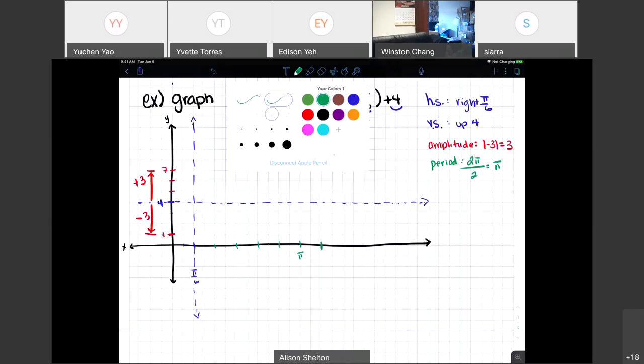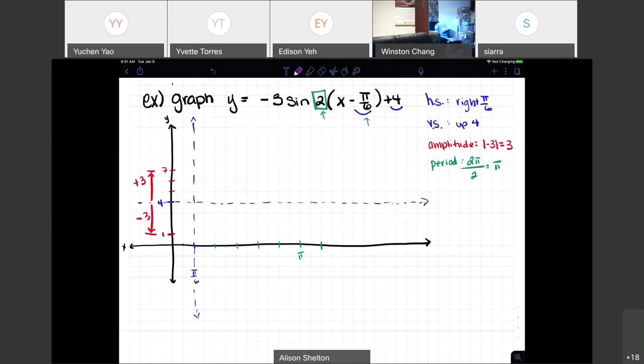Now we want to find our increments. You take your period, pi, and divide it by 4, so that every pi over 4 units, something's happening. Well, it's kind of difficult because I've marked off every pi over 6, so we want a common denominator.